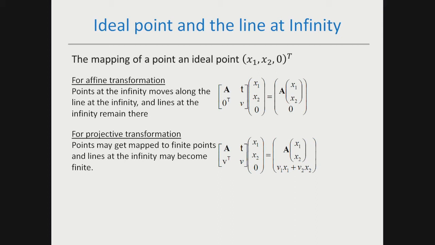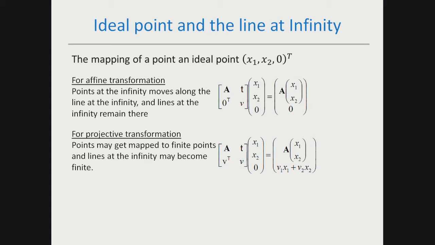What does this mean? It means that points at infinity may get mapped to affine points, which is very simple. It's like the case where, if we take a photo of two parallel lines, we will see a point at infinity where they exist.